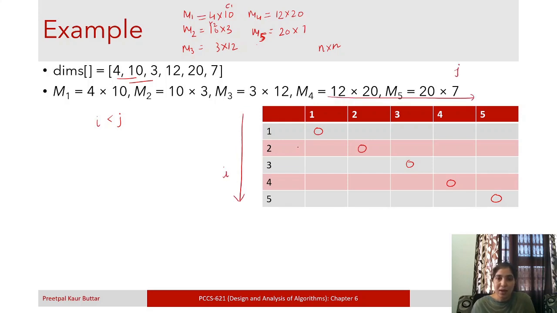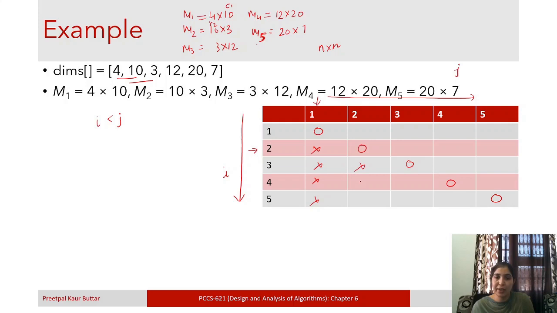If you look at this cell, here i is 2 and j is 1. Will we perform any multiplication? No, we are not performing any multiplication here. Similarly here also, because i is 3 and j is 1, we are not performing any multiplications. Similarly, if you go here, i is 3 and j is 2.